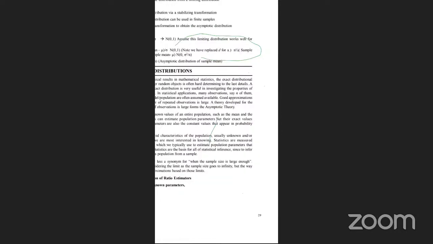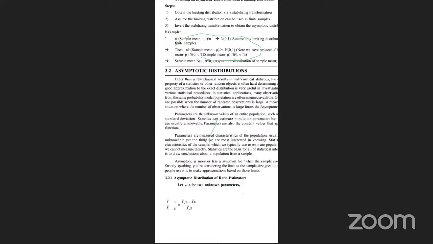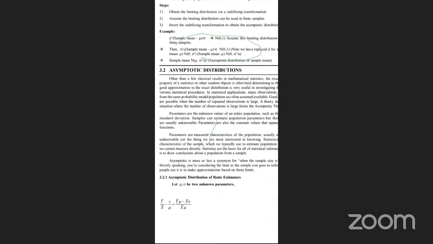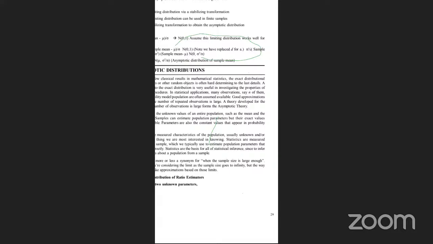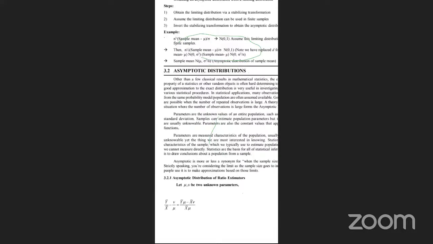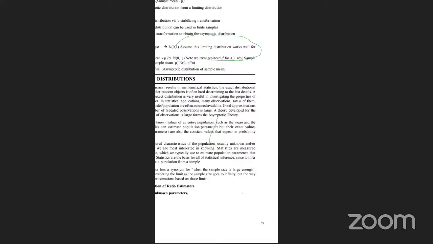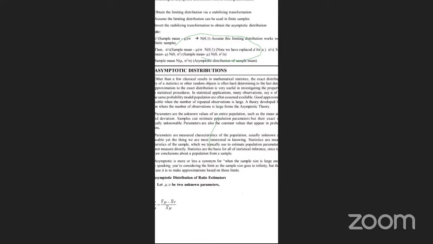In statistical applications, many observations from the same probability model or population are often assumed available. Good approximations are possible when the number of repeated observations is large. A theory developed for the situation where the number of observations is large is asymptotic theory.